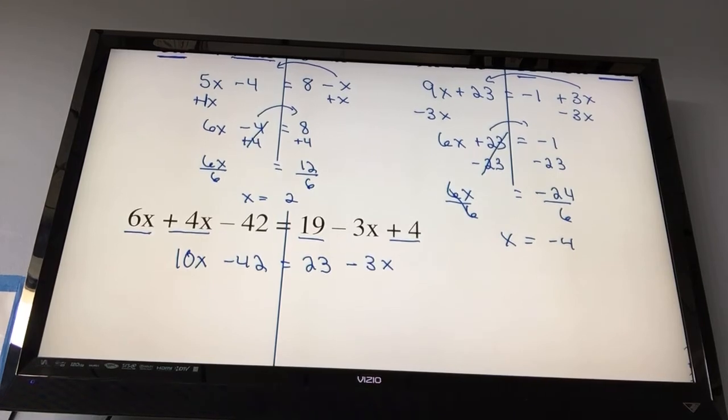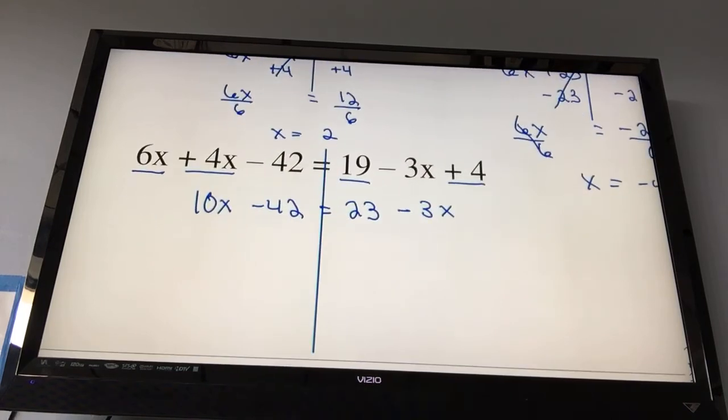Yes, because it says minus. So you have to plus it. Connor's getting 65.